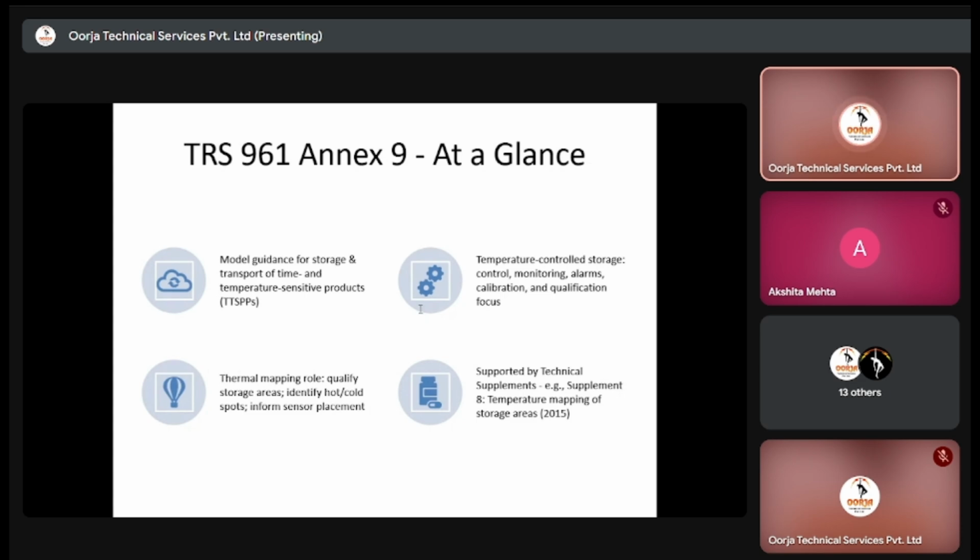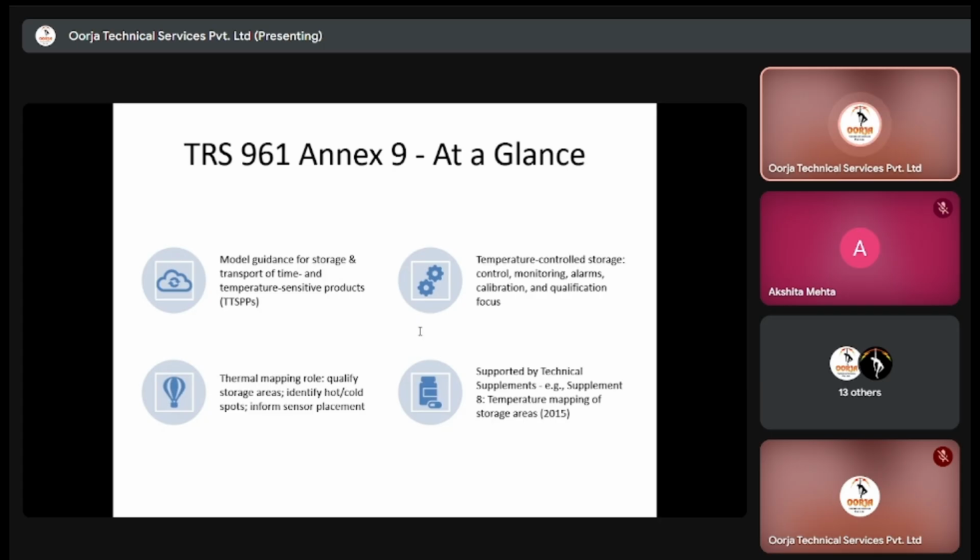So you can find that this guideline covers a variety of topics related to TTSPP. Now, there was some space available here to define the temperature requirement.